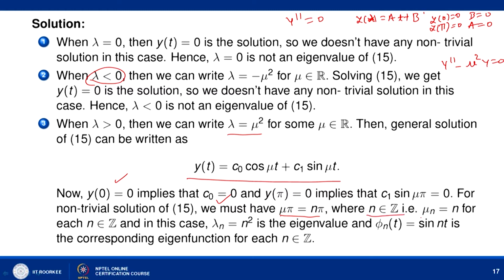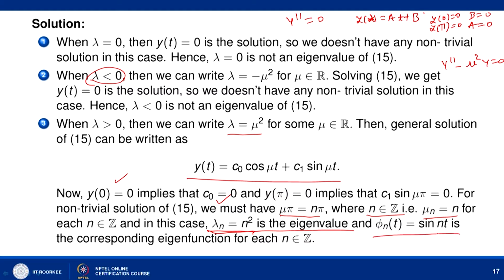So calling that mu n as n, for each n belonging to Z we have a solution, that is sin of n t. And in this case our lambda n, which is mu square, that is n square, is the eigenvalue, and the corresponding solution is sin of n t.